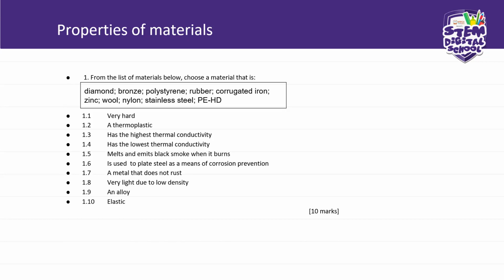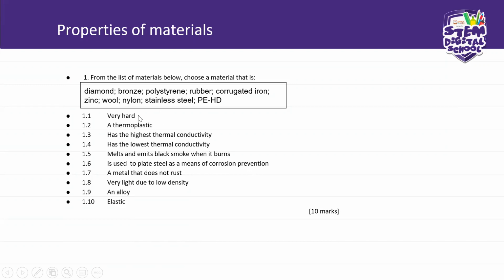Okay, I want you to take a few minutes to do this. From the list of materials below, choose a material that is very hard, thermoplastic, has the highest thermal conductivity, has the lowest thermal conductivity, melts and emits black smoke when it burns, is used to plate steel as a means of corrosion prevention, a metal that does not rust, very light due to low density, an alloy, and an elastic.